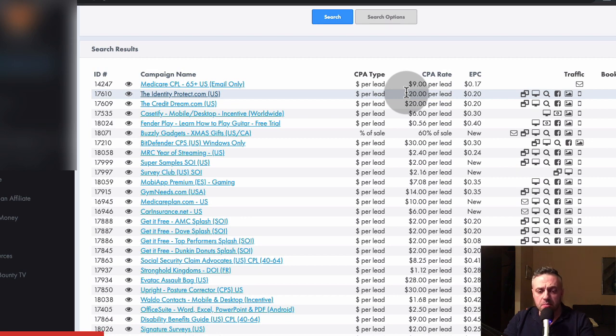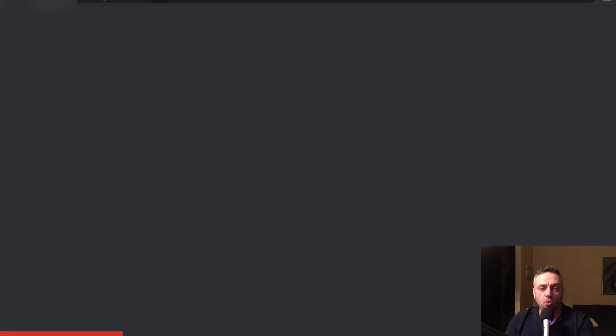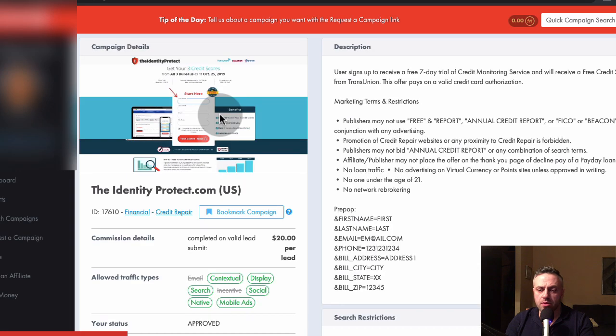Because some of the higher offers, they actually need to sign up for something. They need to maybe sign up for a free trial, or basically submit their credit card information. So something like a $20 offer, if we open that, they will probably need to sign up for something. So yeah, it says user signs up to receive a free 7-day trial of credit monitoring service.